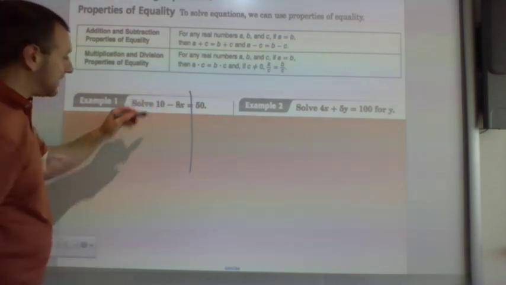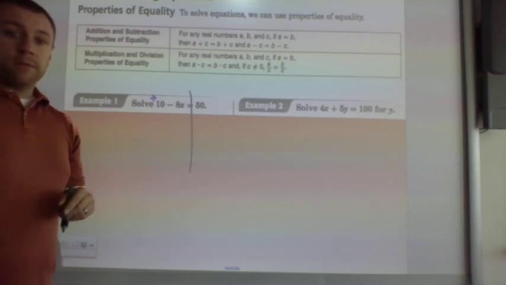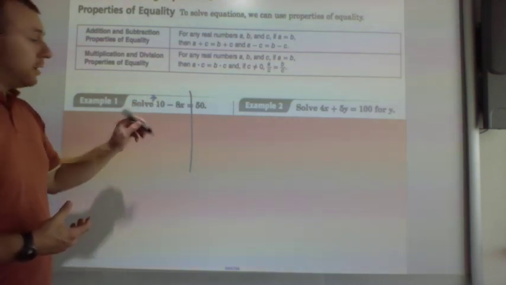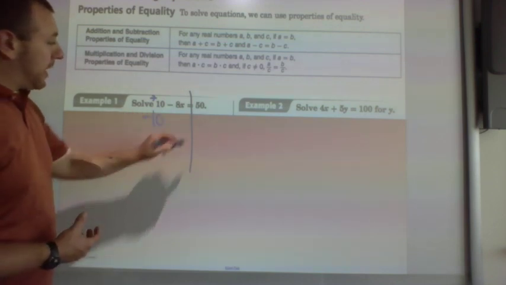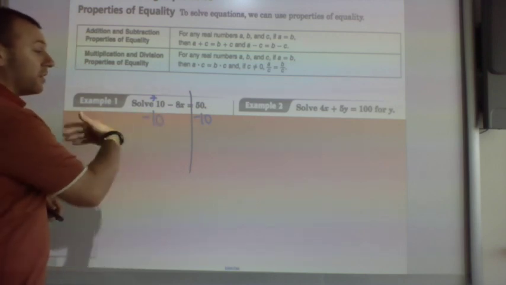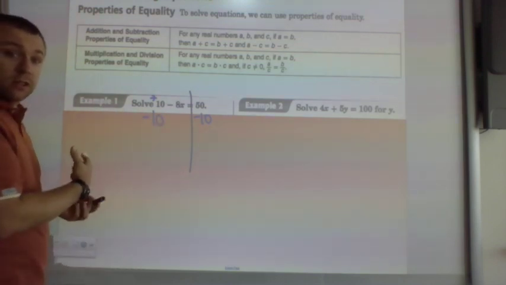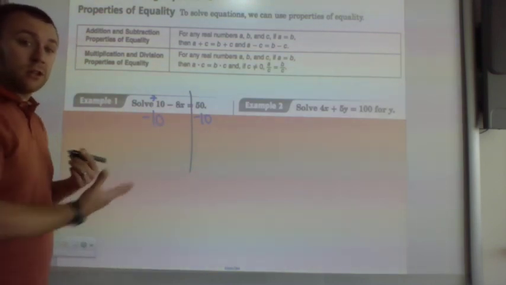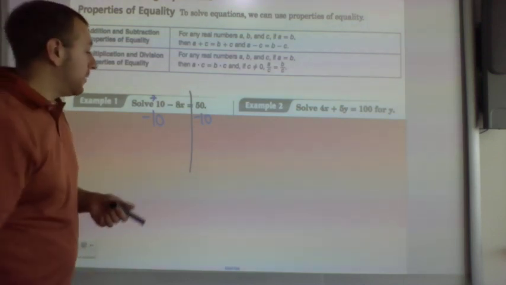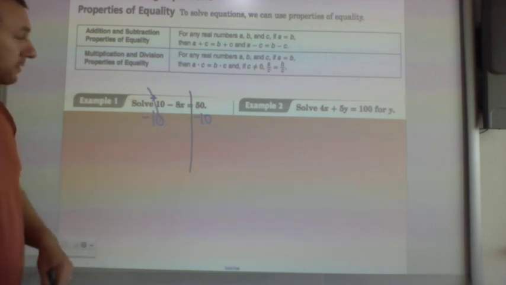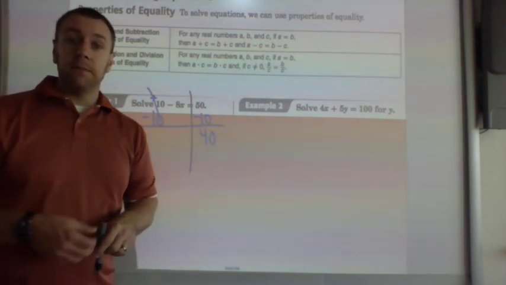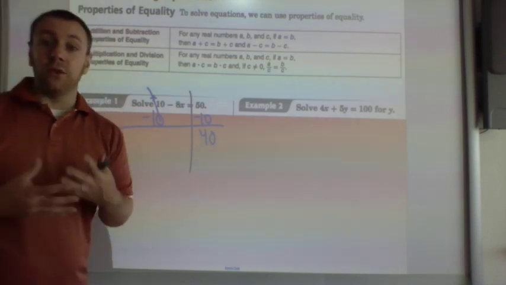The 10 is actually positive. So what I'm going to do is I'm going to get rid of this 10 first. So I'm going to subtract 10 on both sides. You notice I'm getting rid of the stuff farthest away from the x first. That's generally what you have to do. The farther away from x is, the first thing you have to get rid of. So these 10s cancel. I'm left with 40. Now, oftentimes, this is the key mistake that students make.